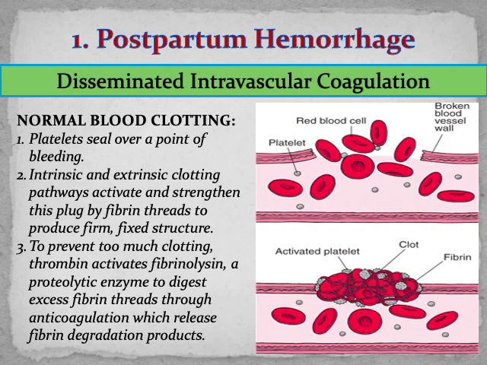Next is disseminated intravascular coagulation. So this complication is a complication of a complication. Ibig sabihin, nagkakaroon ng DIC kasi may previous problem na nangyari at nagkaroon ng another complication. Now, pag sinabi natin disseminated, no, yung buong circulation sa loob ng blood vessel, nagkakaroon ng abnormal clotting.